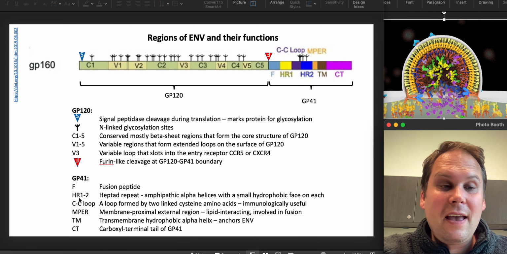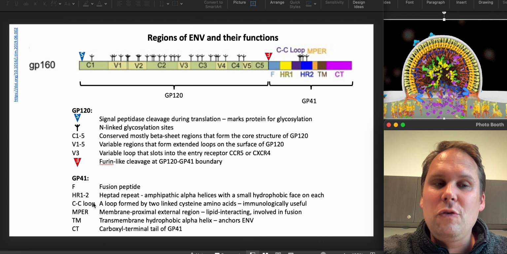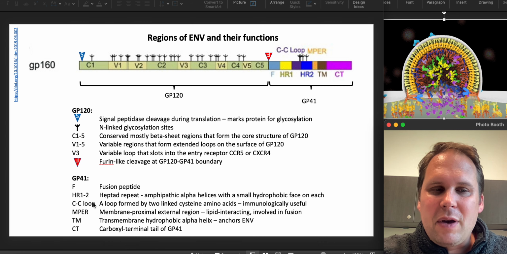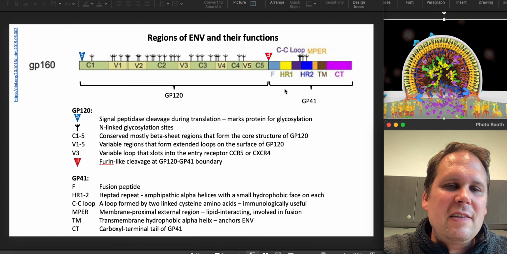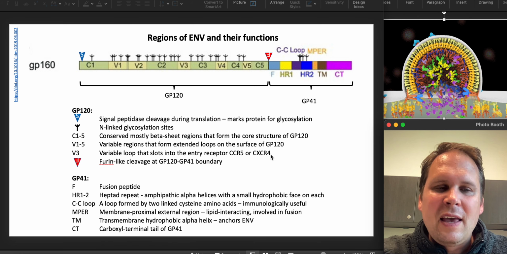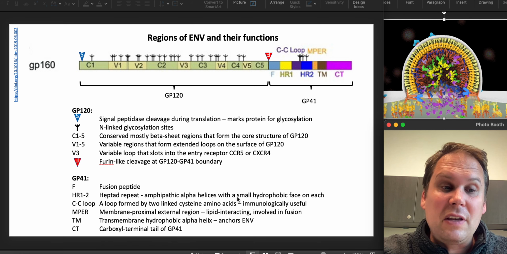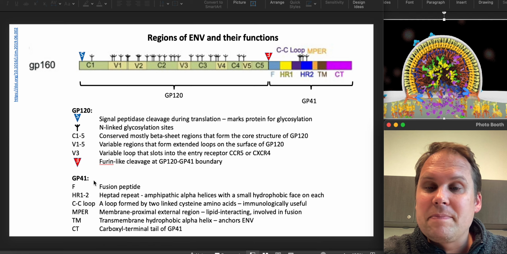Heptad repeat 1 and 2 are both these two-faced alpha helices. And we will come to see that that is really important because that's going to be what drives the fusion process. You'll also see some people call these the fusion motor, heptad repeat 1 and heptad repeat 2, because it actually supplies the energy to cause fusion to happen.